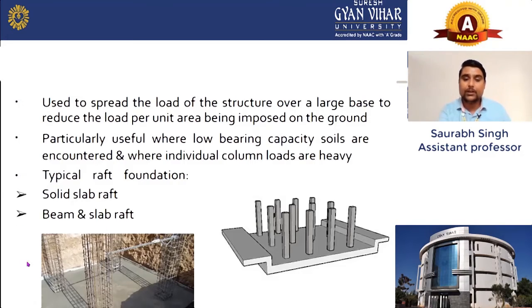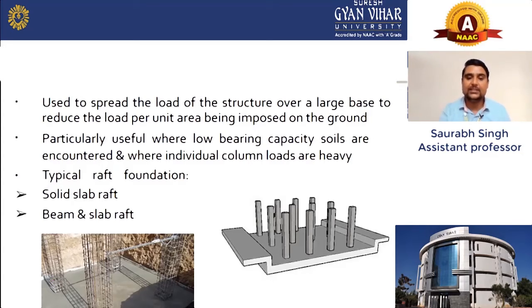What we do, as you can see in the image, where the bearing capacity of soil is low, we make only one pad for these 4 columns. Means we are increasing the area. If we increase the area of this structure, what will happen?